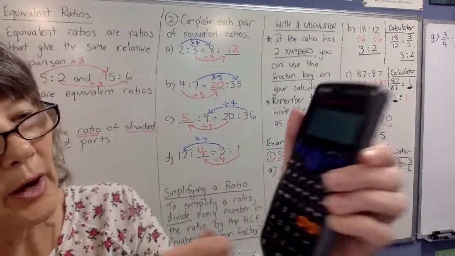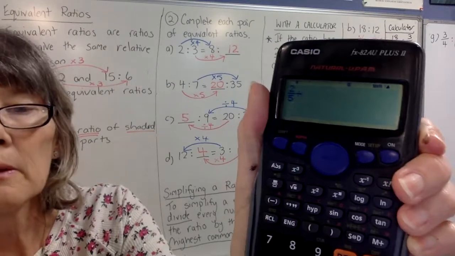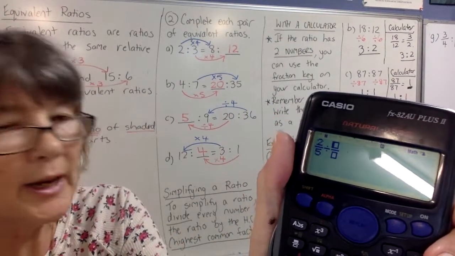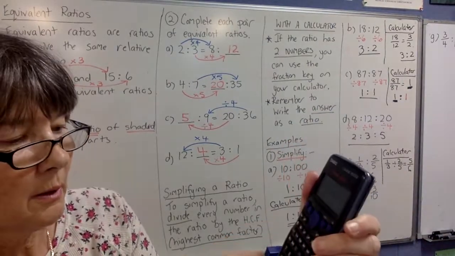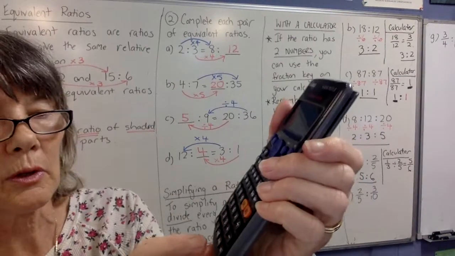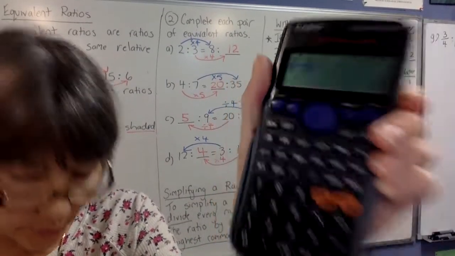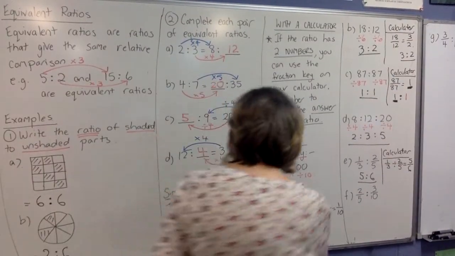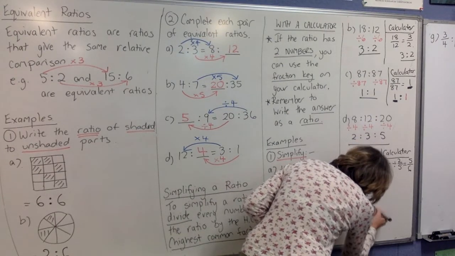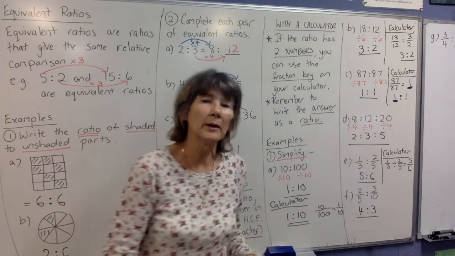Then I'm pressing divided by, because it's a bit easier for you to do it that way. Fraction key again, 3 over 10. Then we can just press equals. 4 over 3. So instead of 4 over 3, you're writing 4 to 3. And that's that one done.